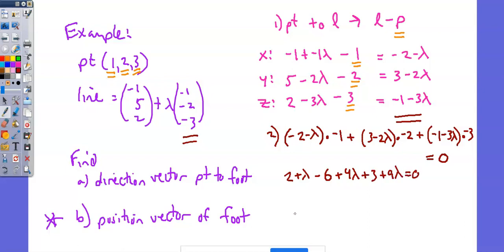We can simplify to the 3 lambda terms, 1, 4, 9, 14 lambda equals, and then moving the constant terms over, -2 from +2, +6 from -6, -3 from +3. And if we divide by 14, then we end up with lambda equals -2 plus 6 minus 3 is 1 over 14.